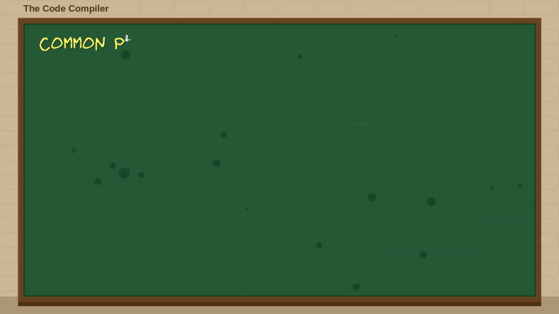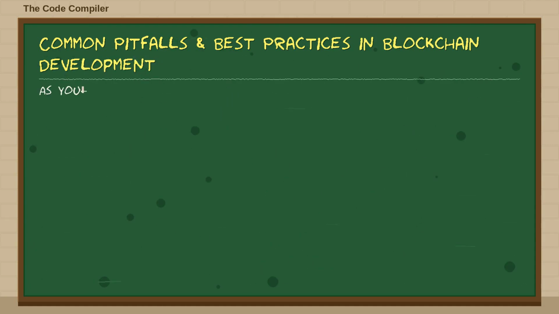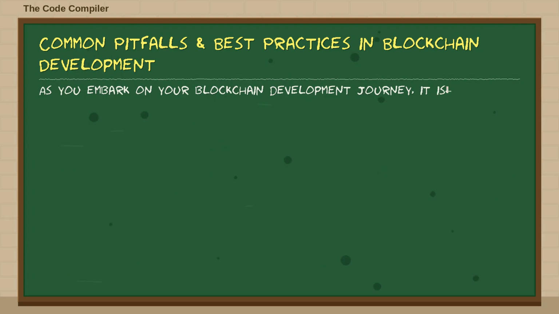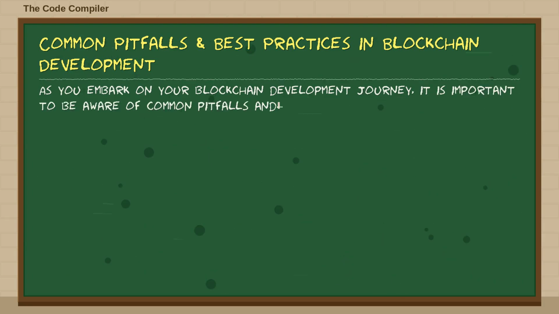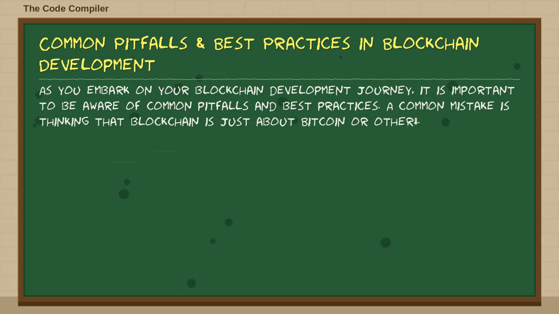As you embark on your blockchain development journey, it is important to be aware of common pitfalls and best practices. A common mistake is thinking that blockchain is just about Bitcoin or other cryptocurrencies. It is a technology with far broader applications.